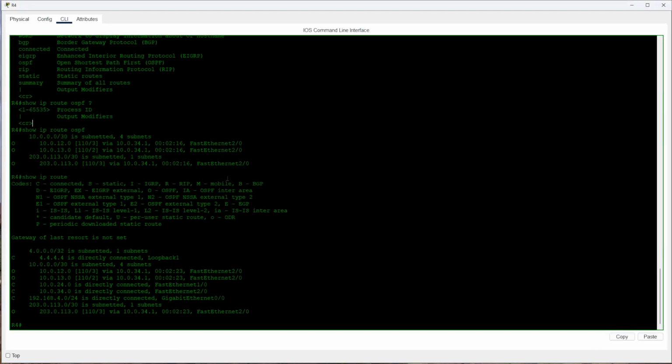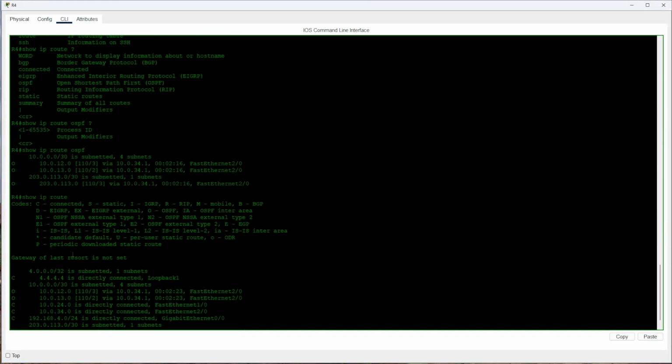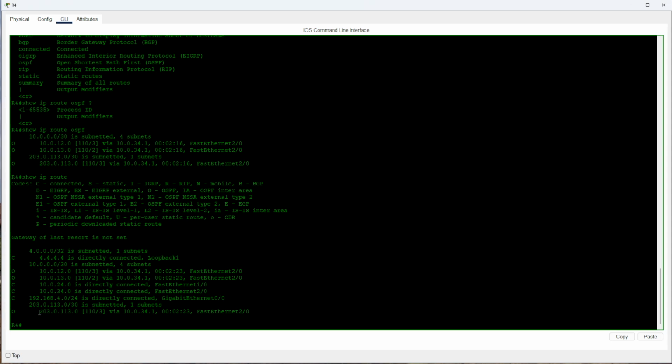So, let's just make this larger. So, connected, OSPF. So it seems like we have routes, like we're learning routes. I wonder if we can ping that thing.